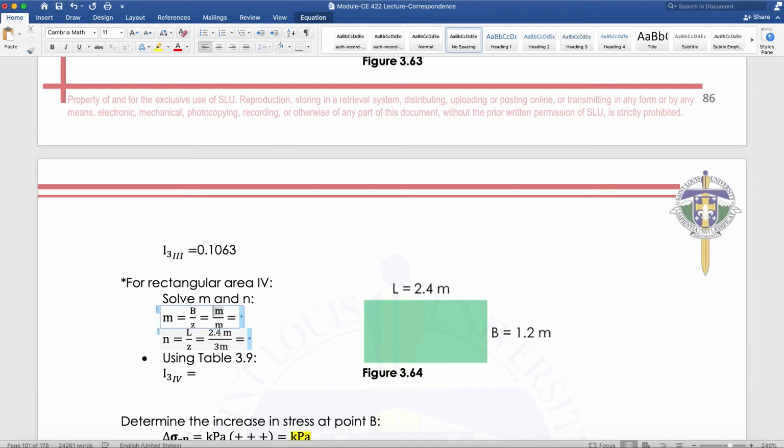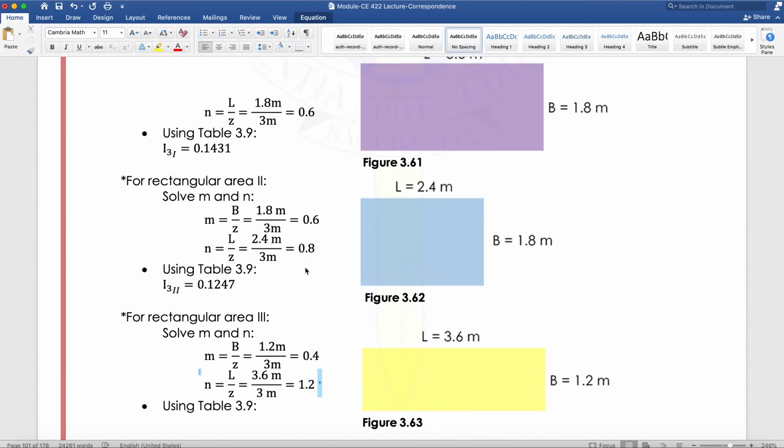Now for the rectangular area, this one naman is we have L as 2.4 divided by 3. Then B here is 1.2. Pag 1.2, it is 0.4. Tapos, 2.4 is 0.8. Tingnan natin. So, we have M is 0.4, then 0.8.